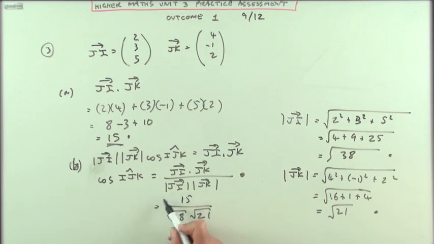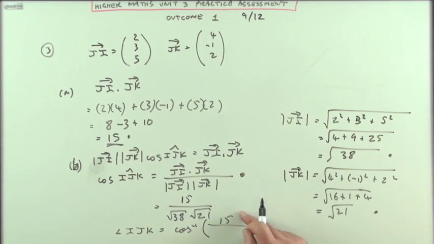So there's no point trying to evaluate this. You can simply go straight in and say the angle IJK will be the inverse cos of that, and just enter it in that form into your calculator. Or instead of putting the square root down twice in the numerator, remember to use that fraction button. Instead of putting the square root, you can just put the square root of 38 times 21.